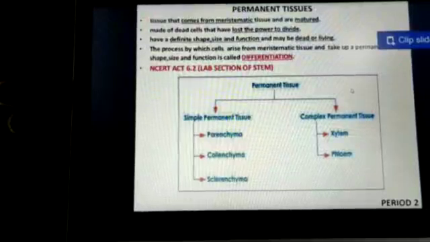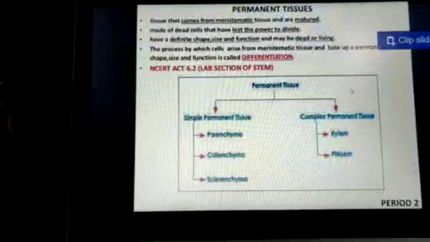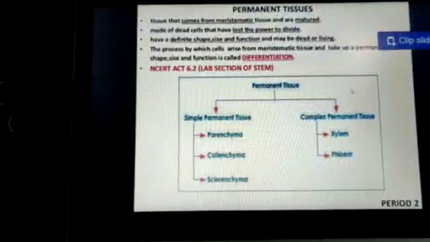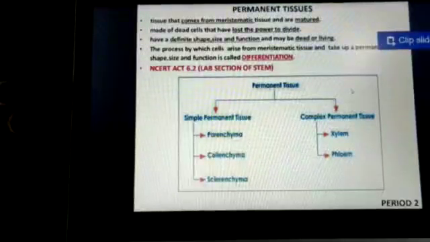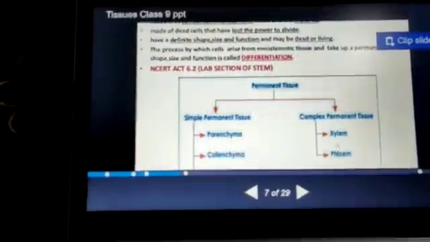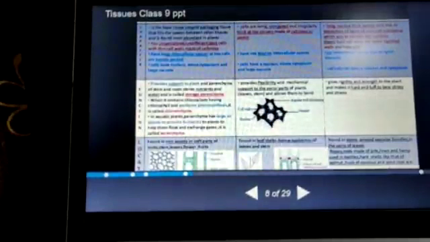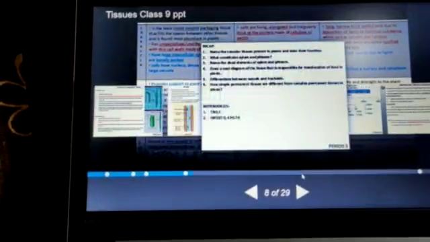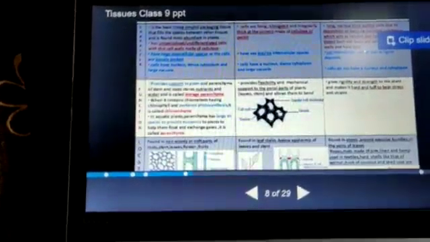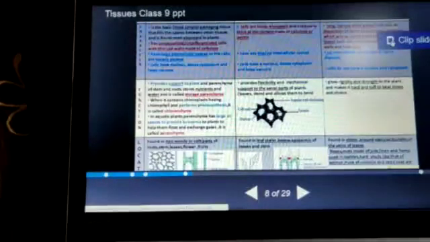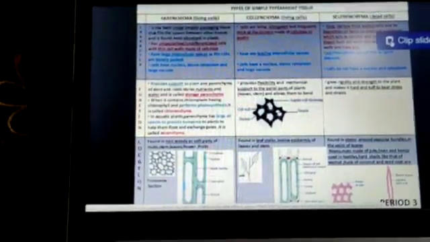Okay, now second, that is the permanent tissues. Here you are able to see on the screen, there are permanent tissues, simple permanent tissues: parenchyma, collenchyma, sclerenchyma. Chyma, CHYMA is the common one. And these are the complex permanent tissues. Now here you must check the difference between parenchyma, collenchyma and sclerenchyma.